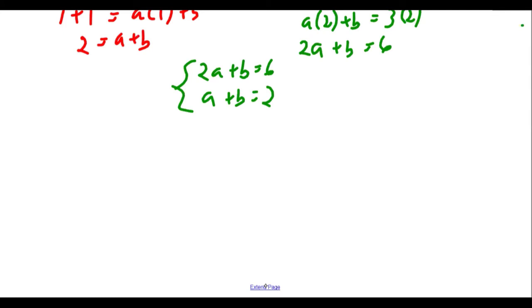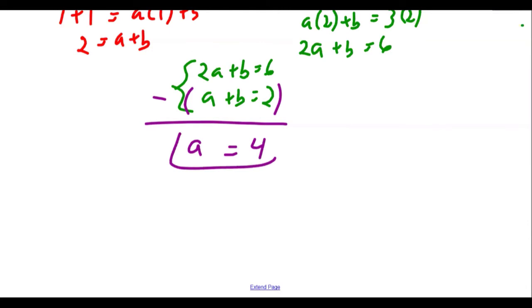How would you want me to solve this one? Elimination is pretty much set up right now to take the top equation minus the bottom equation. So 2a minus a gives me an a. b minus b cancels the b out. 6 minus 2 gives me 4. I found a. Now a is 4.